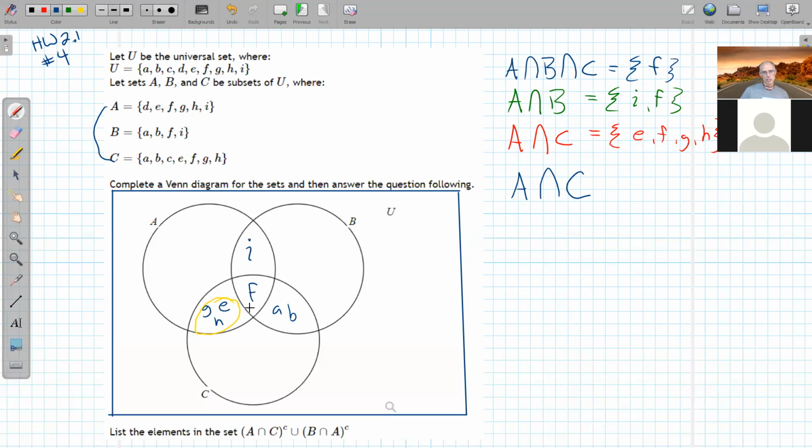So basically I would say, give me A, C, as long as it's not in B. The way you do that is intersect B complement. So give me what A and C have together, as long as it's not in B. That's what the complement says. So that right there would just be E, G, and H.